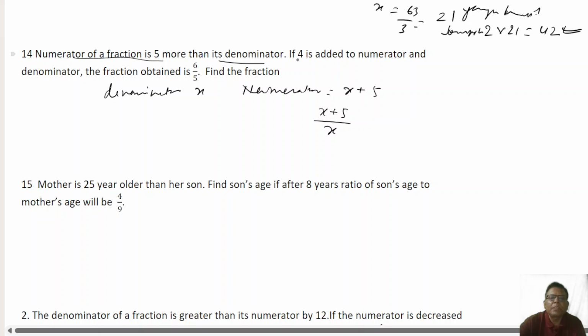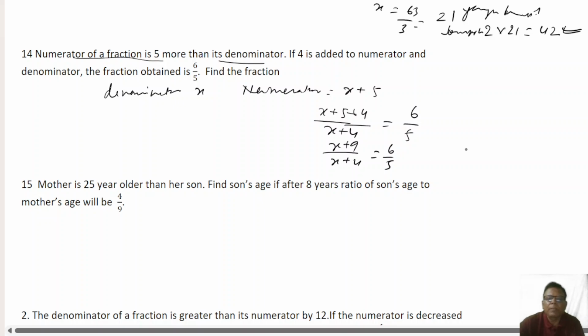Now if 4 is added to the numerator and denominator, you are adding 4 here and 4 here also, so that becomes 6 by 5. Then (x plus 9) divided by (x plus 4) is equal to 6 by 5.